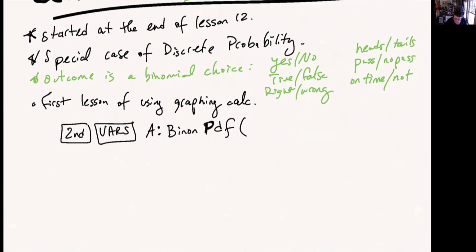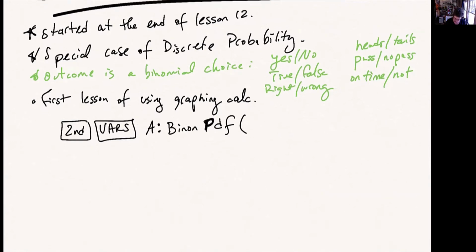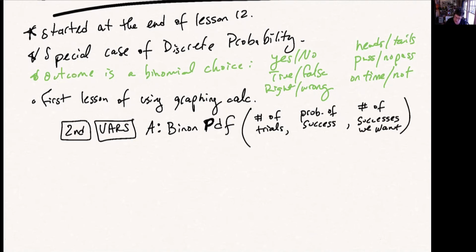And remember, this is where we started. We learned two different ones, binom PDF and binom CDF. So I'm going to cover binom PDF first. For binom PDF, what we put in is the number of trials, the probability of success, and then the number of successes we're interested in. For your calculator purposes, this is N, P, and X.